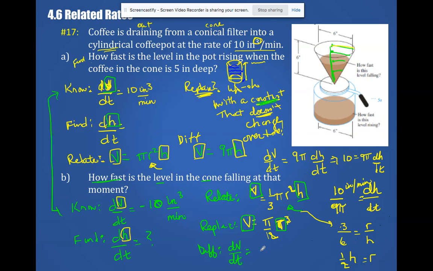Bring down the 3, it's going to cancel with that 12 and make pi over 4. Copy over the r, subtract 1 from the exponent, spit out the derivative of r. So I'm going to put in -9 here. I'm sorry, -10 here.